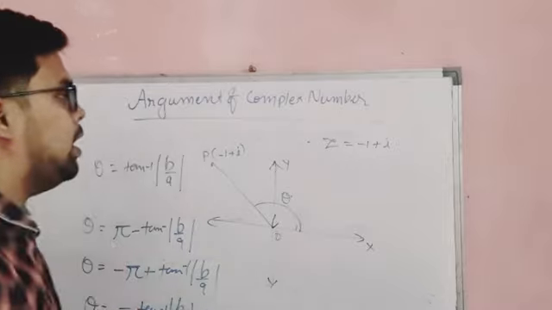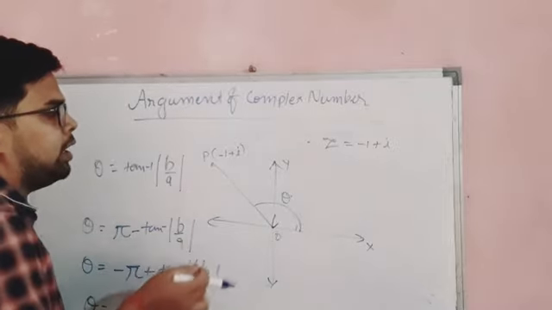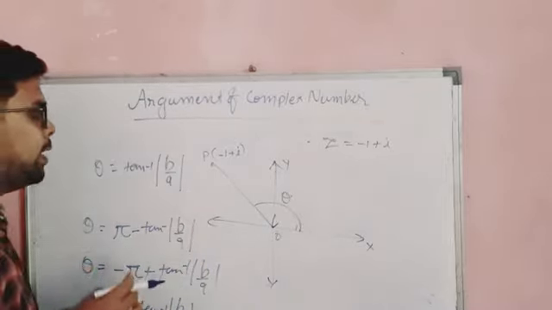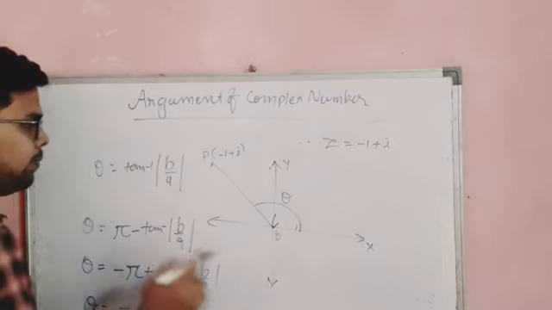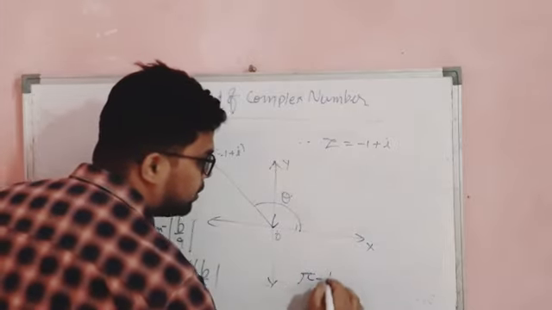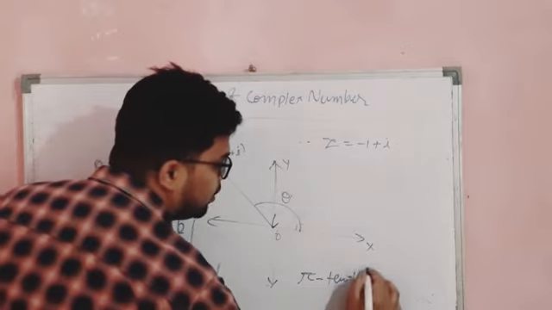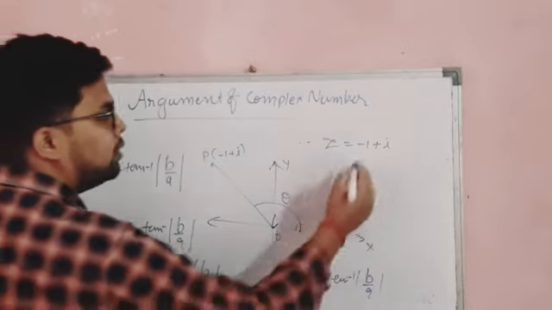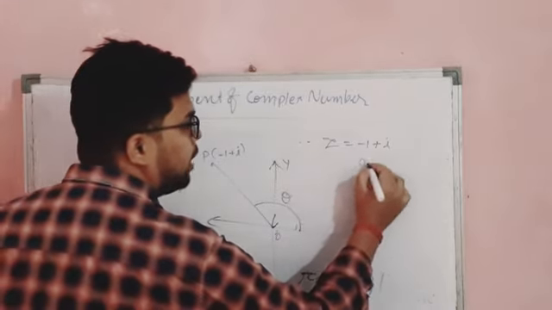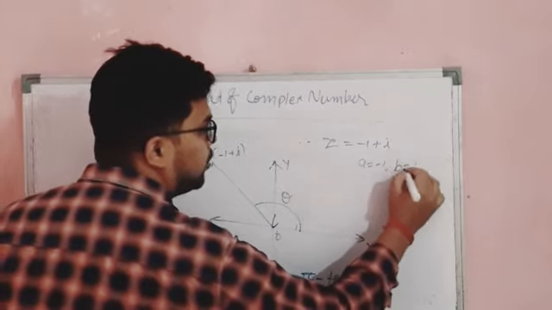If any complex number is in the second quadrant, what will be the principal value of theta? The principal value of theta will be pi minus tan inverse mod of b upon a. So what is the value of a here? The value of a is equal to minus 1, the value of b is equal to 1.